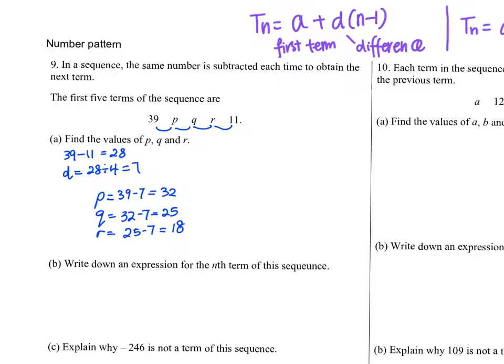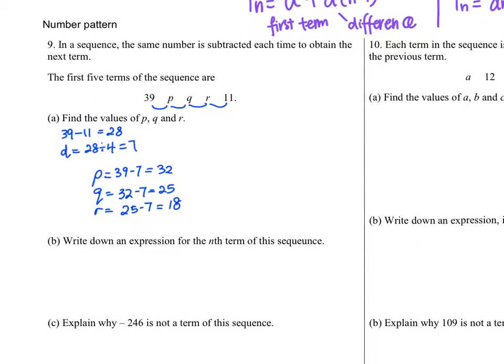Now write down an expression for the nth term of this sequence. The nth term can be given by the formula Tn equals the first term, which is 39, plus the difference. I'm subtracting 7, so I put minus 7, not add, times n minus 1. But this is not the simplified form. I need to expand.